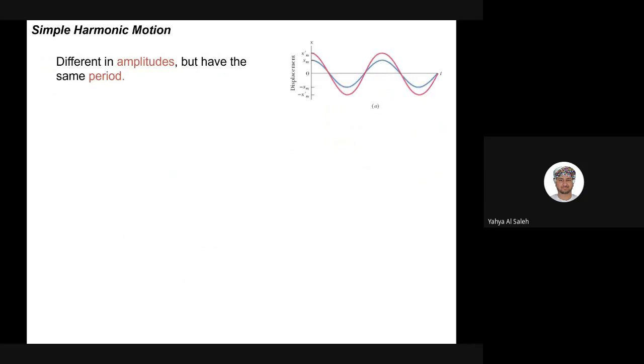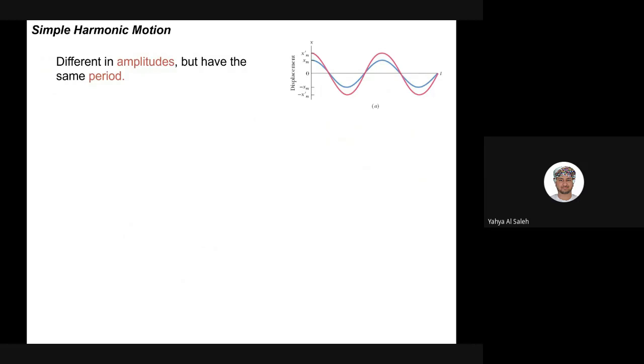Let's take some examples. These two equations have the same amplitudes but different periods. So their maximum and minimum are the same, but they have different periods. So it takes a different amount of time to start and finish. Sorry, the other way around.